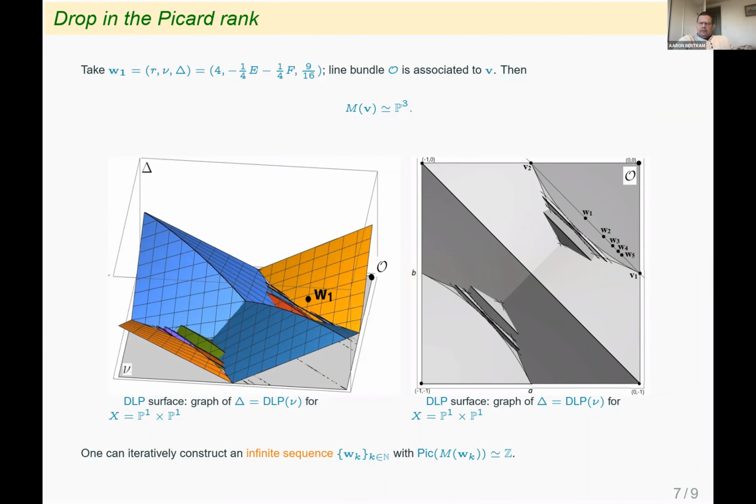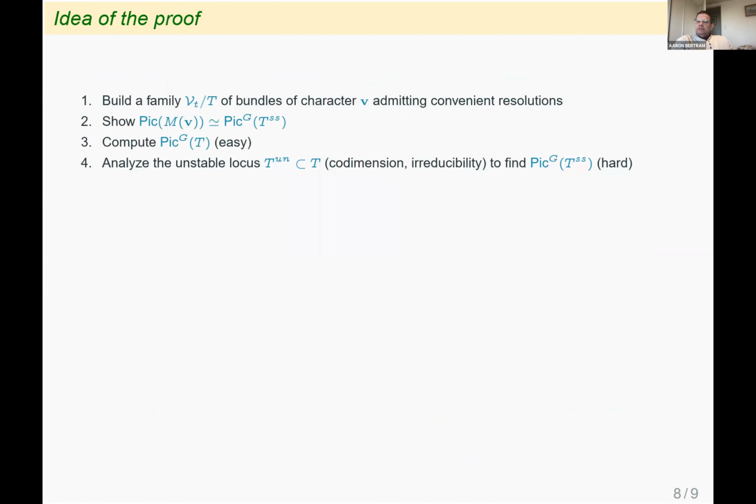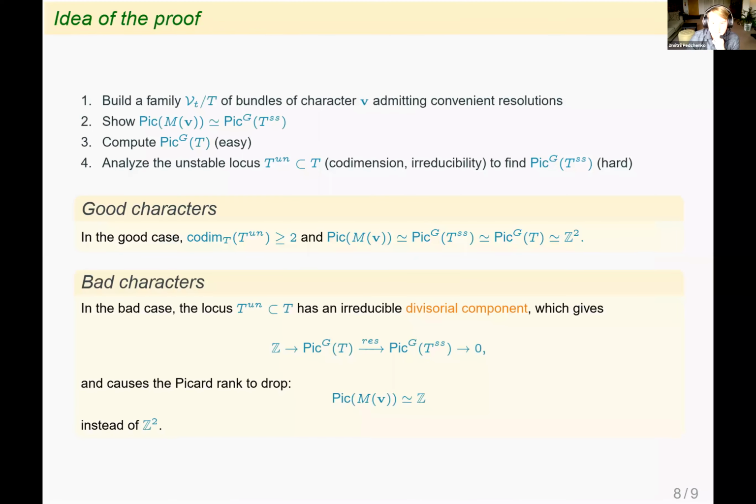So in case B, is there a nearby moduli space of Bridgeland stable objects that has Picard rank 2? This is a good question, which I haven't really thought through.